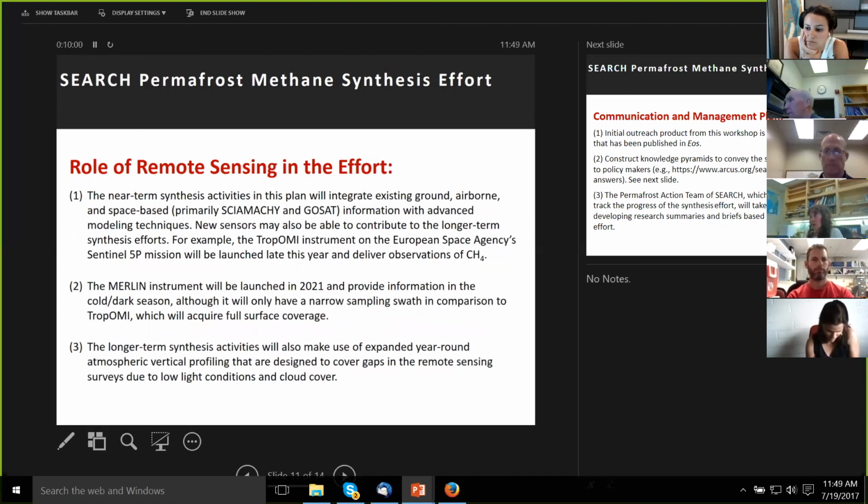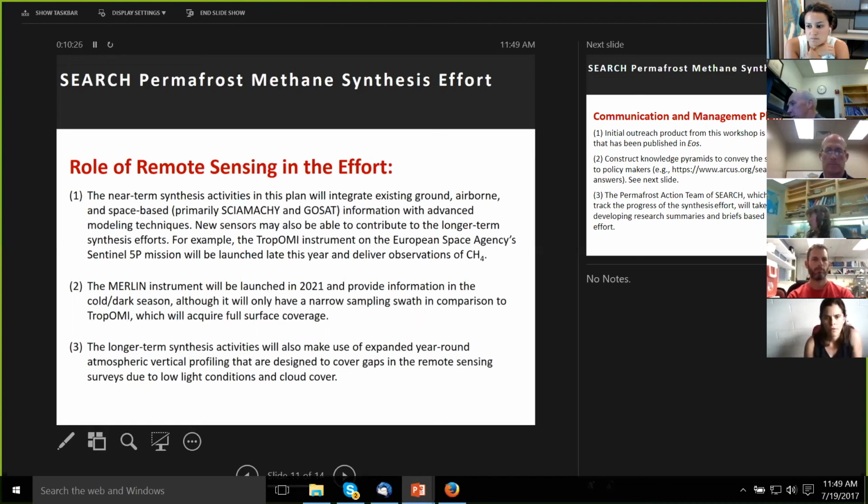The one thing I would want to mention is that the workshop also identified the role of remote sensing in the effort, and what could be done. The first bullet here is what can be done on currently available data, and some new sensors that may be able to contribute to that.